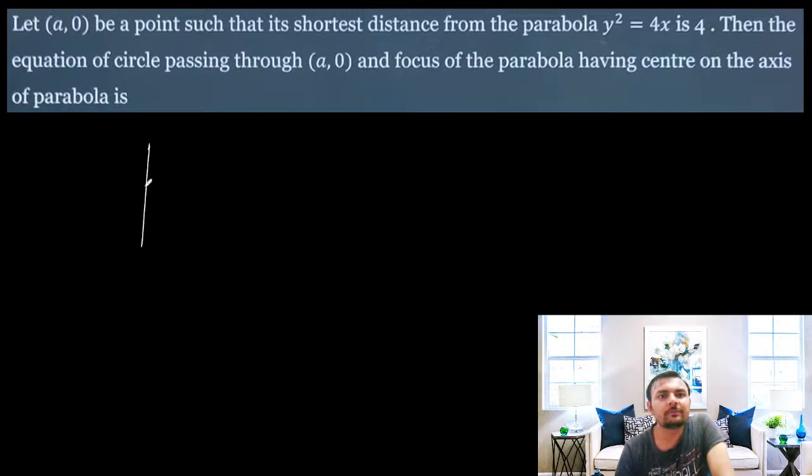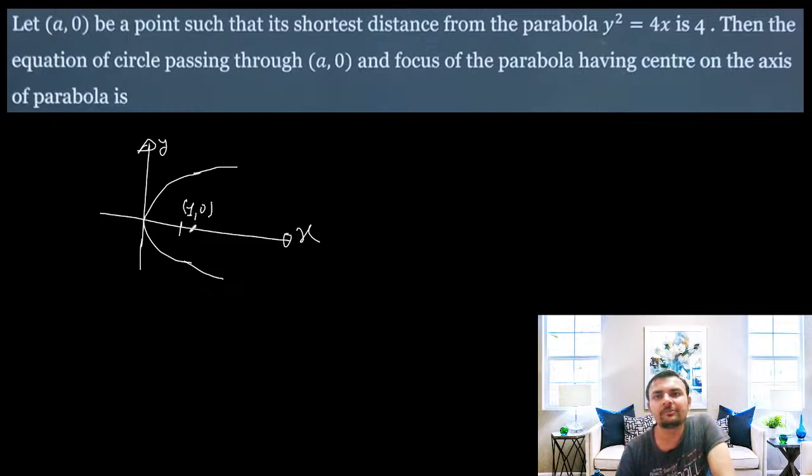Okay, this is y, this is x. So y square equal to 4x. So this is 1 comma 0, and a comma 0.